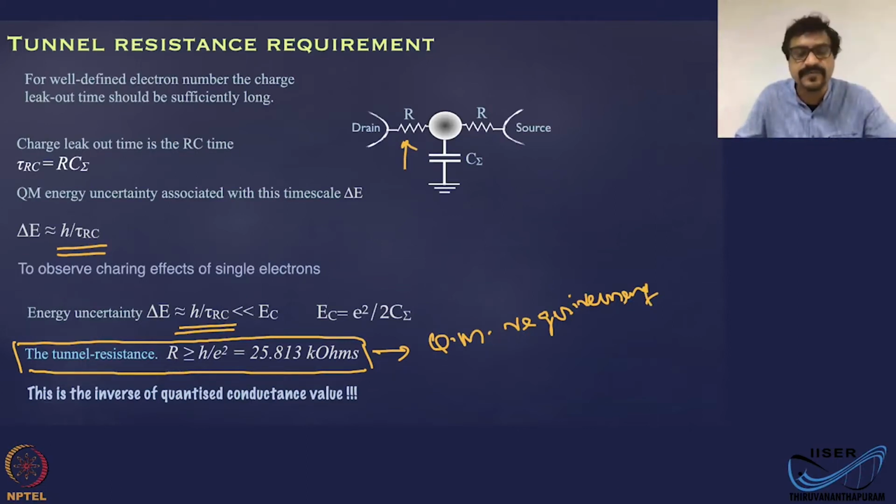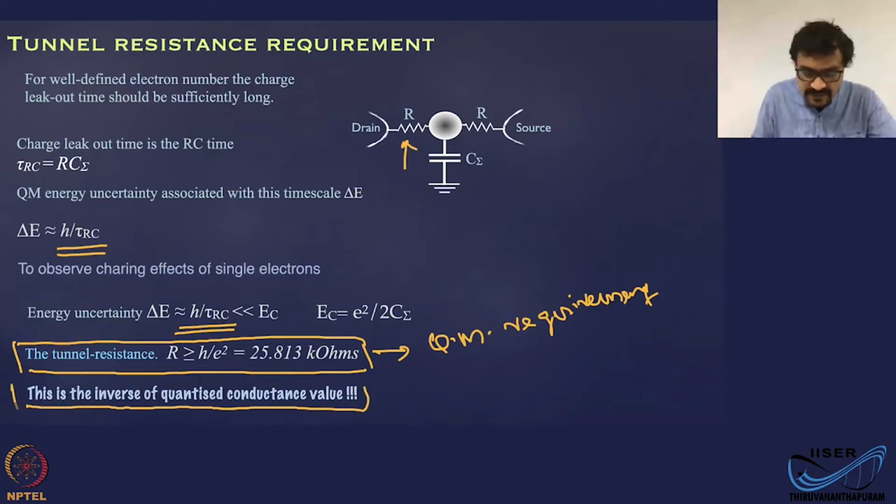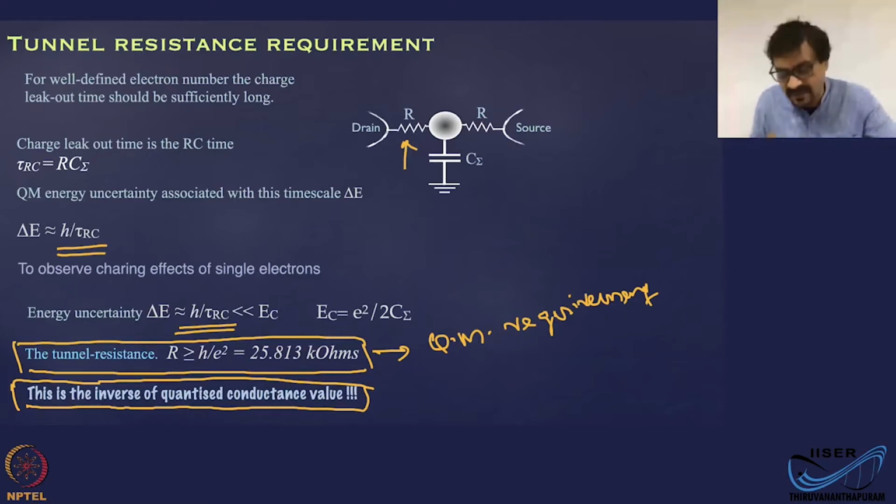Interestingly, with a very simple quantum uncertainty relation, without going deep into anything mathematically rigorous, we are getting the quantized resistance value, h by e square, or the inverse of the quantized conductance value which we have learned in quantum point contacts and also the quantum Hall effect.